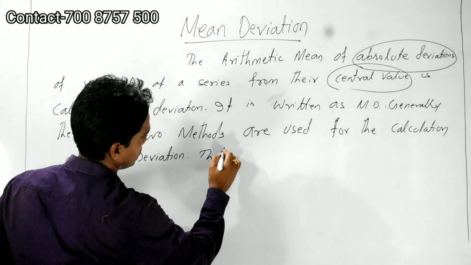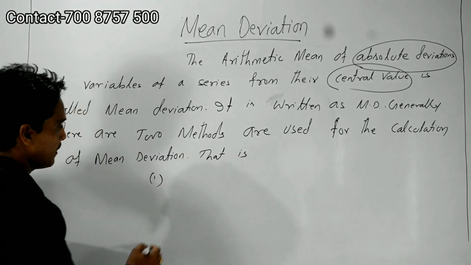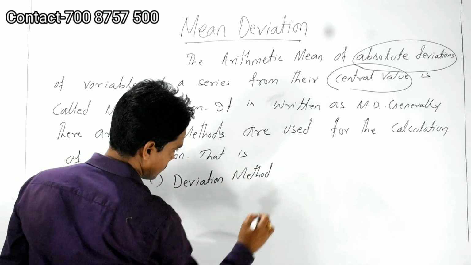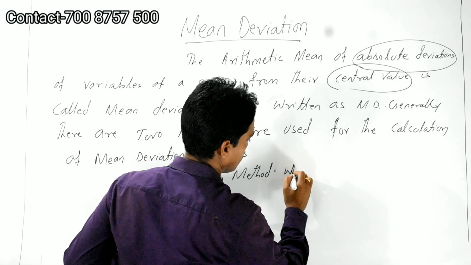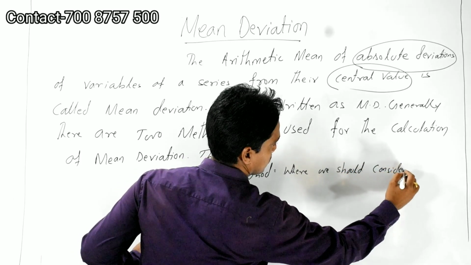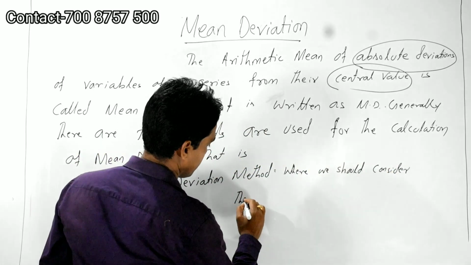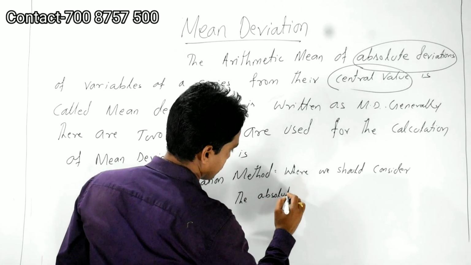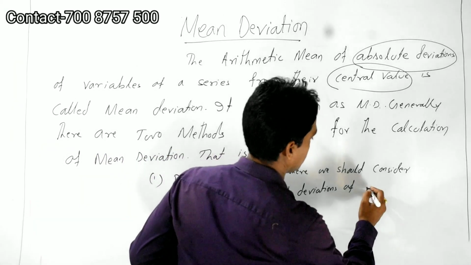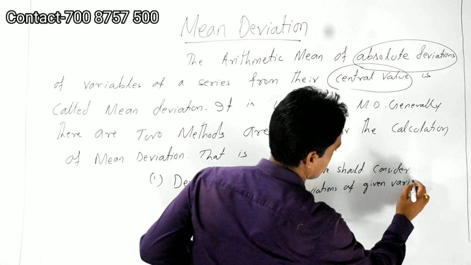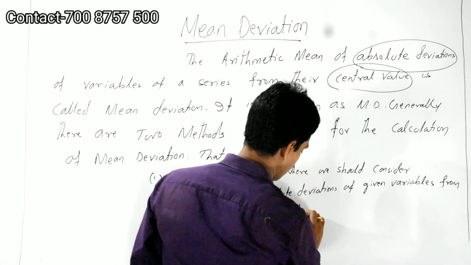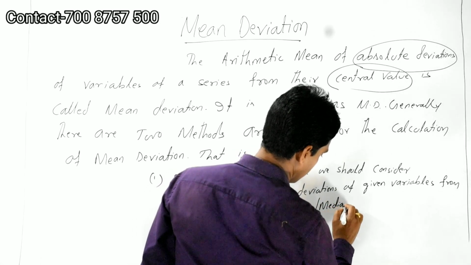The first one is the deviation method, where we should consider the absolute deviations of given variables from mean, median or mode.